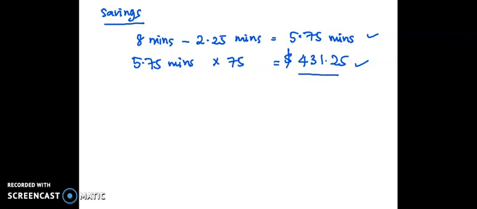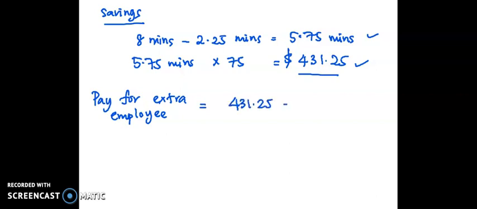But you have to remember, since you hire another employee, you have to pay for the salary. So when you pay for the extra employee, before this you can save 431.25, but you have to pay another 150.